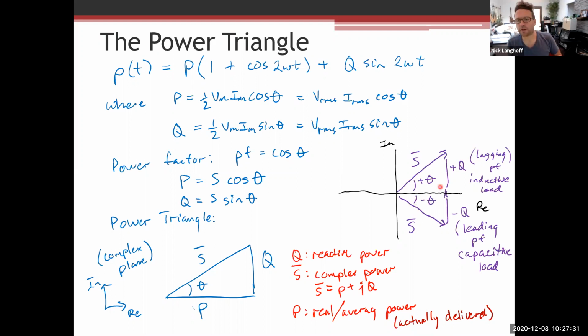Okay, you may be wondering, well, what about the second and third quadrants? You can design an element to have a complex power there, but it requires having a negative resistance, right?